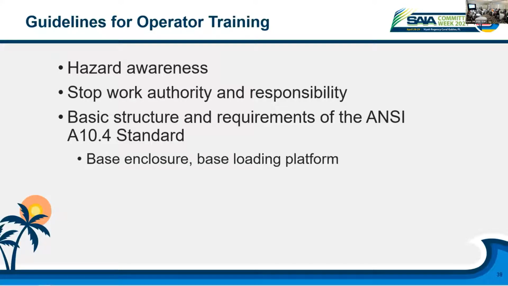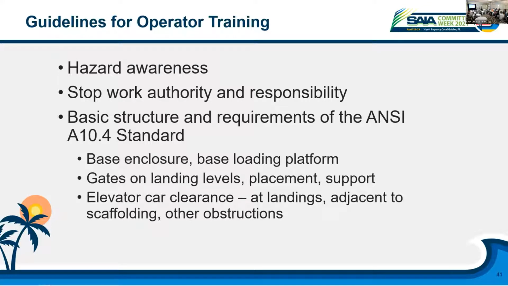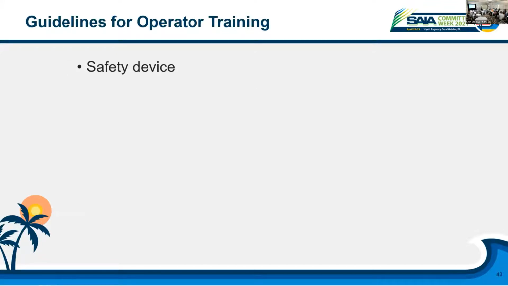Base enclosure, the base platform, gates, or what's required at the landings, what's the placement, how is it supported? Car clearances as it travels up and down the hoistway at the landings. If you're up against scaffolding, what are the requirements there? Other obstructions. And then buffers, what are the buffer requirements?